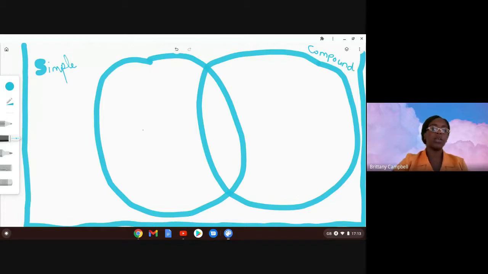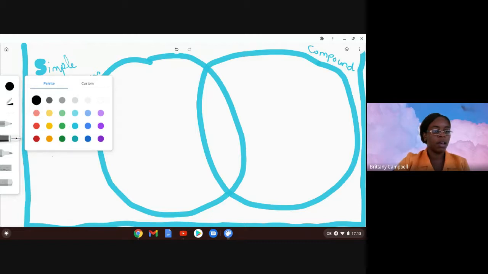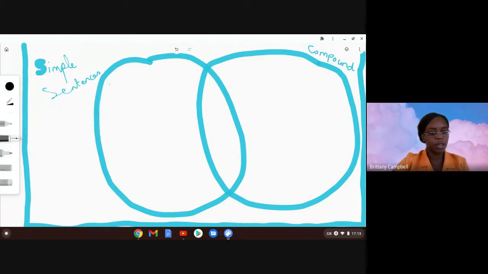All right. So when we talk about the simple sentences and the compound, what comes to mind? Let me change the highlighter. All right, so you're saying it has a subject, a subject plus a verb plus the predicate. Awesome. We touched on this yesterday, right?